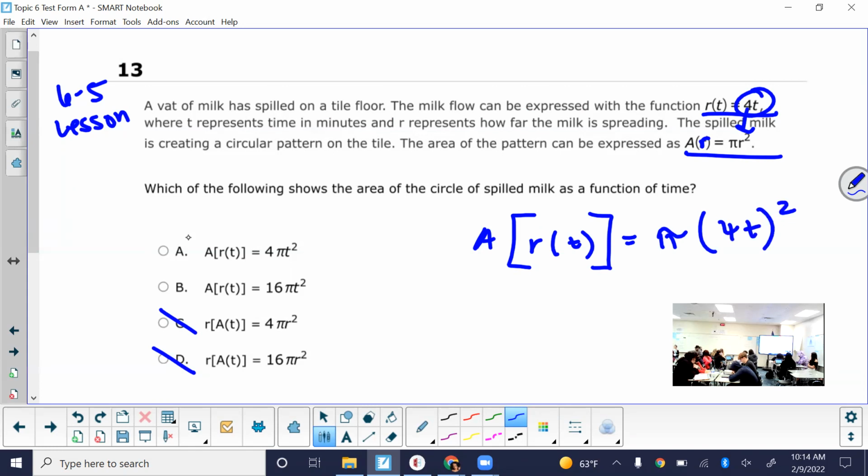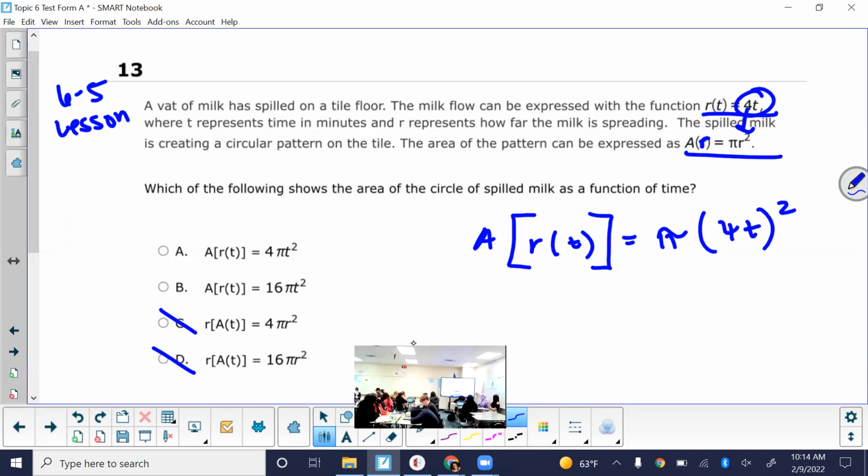And that kind of looks like A, but the answer is not A, it's B. Because what they did was use the power rule. They distributed this exponent of 2 to everything inside. What's 4 squared? And then when I bring this to the t, 1 times 2 would give me t squared. Bring down everything else.